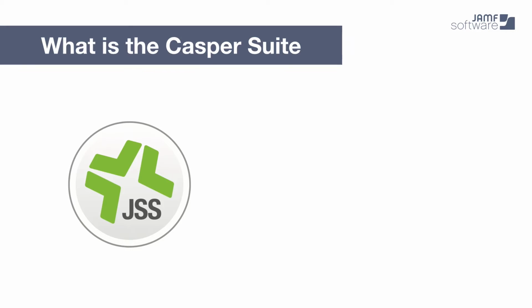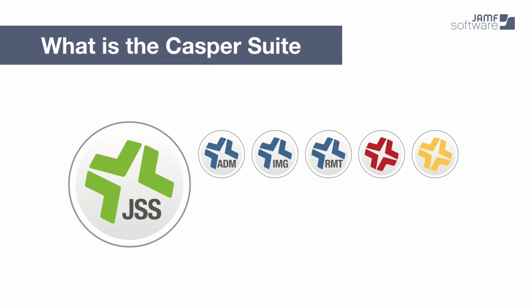This is the server that's going to communicate with all of the Apple devices in your organization, as well as provide you as an IT administrator a web-based console that you can interact with to do your security configurations, your inventory, and your deployment setup. The Casper suite includes a number of utilities that an IT administrator can use for tasks like building software packages, creating images for a Mac and deploying those images.